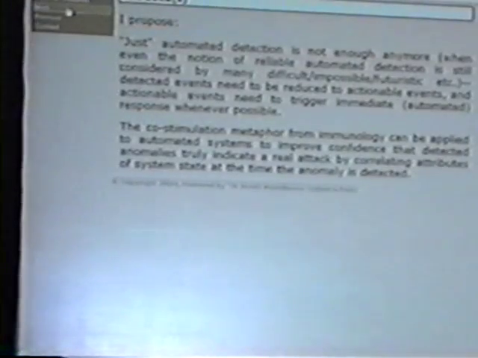So I propose that automated detection is actually just not enough. And anybody who's seen, I hate Gartner reports, but the Gartner report of why IDS is dead and a bad place to spend your money. There's some validity in that notion. They were specifically talking about network IDS, but they weren't very clear about that.